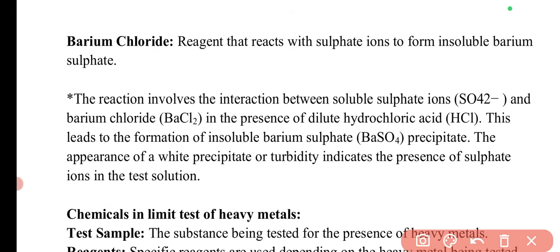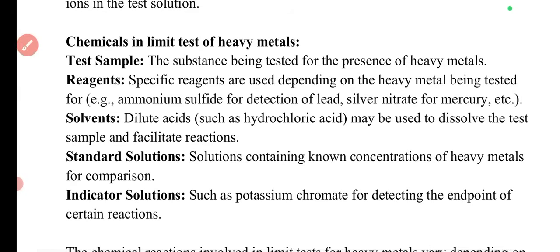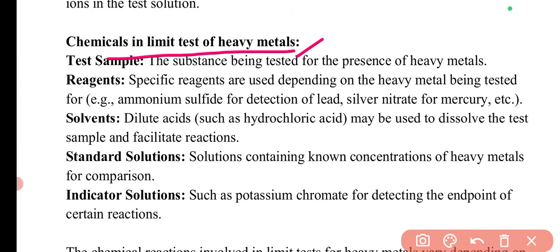Then we can move to the next part, that is the chemicals used in the limit test of heavy metals. In heavy metals, specific reagents are used depending upon the heavy metals being tested.